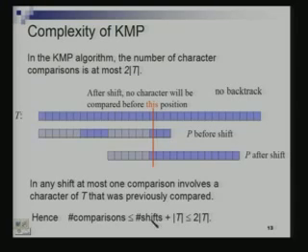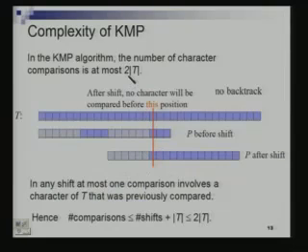So the total number of comparisons is the number of shifts plus the number of successful comparisons. Number of shifts, why? Number of shifts was the number of unsuccessful comparisons, right. So we broke up our comparisons into two sets, successful and unsuccessful. Once a character is part of a successful comparison, it's never compared again.